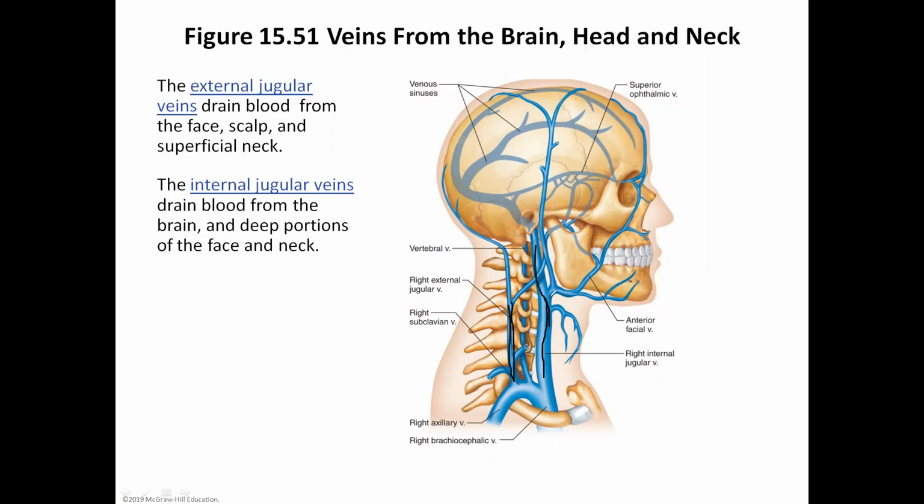And if you notice, it's significantly bigger. This is going to be from the deeper portions of the face and the neck, and also from the brain as well. And as you can see, they're going to come down and they're going to converge at something called the brachiocephalic vein that gives rise to the axillary vein.